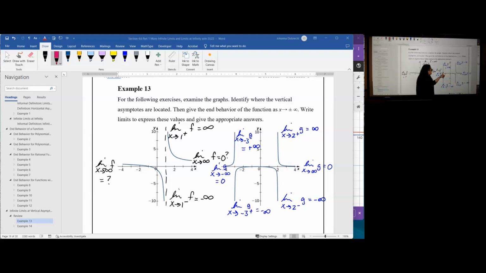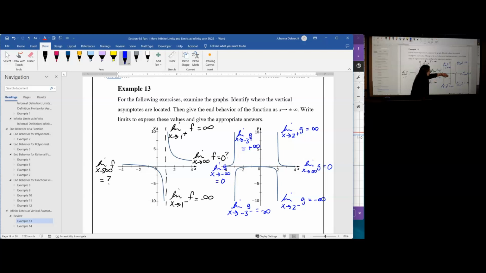As we approach -3 from numbers to the right of -3, I missed my plus sign here. Nope. I think I had it right the first time. Let's take a look.